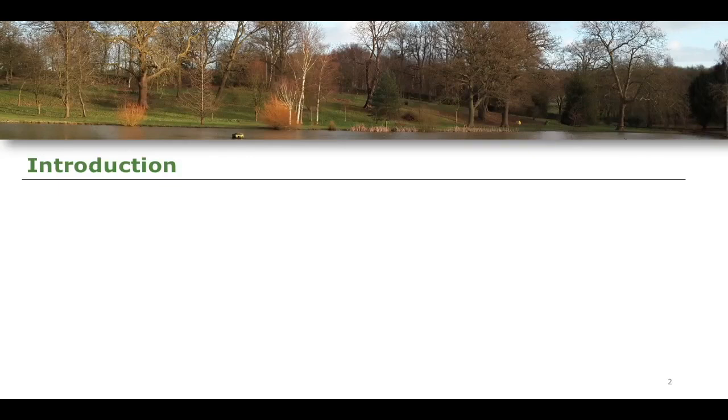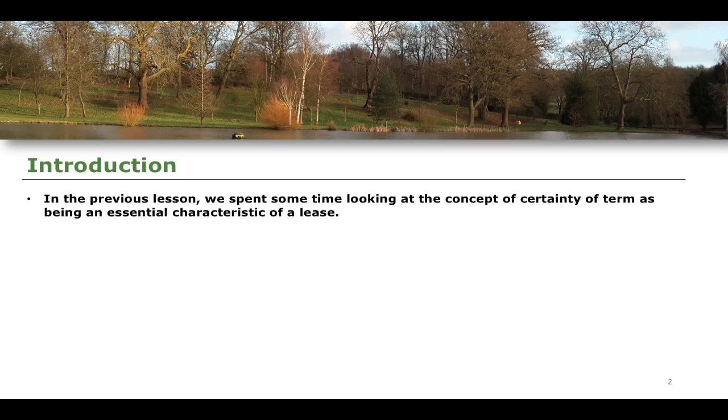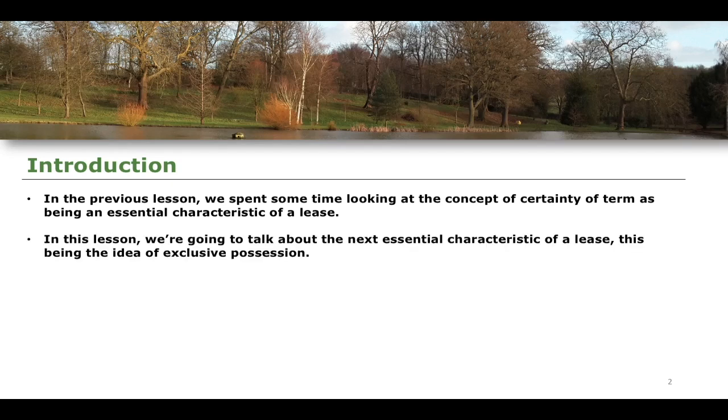Now, fundamentally, as a basic introduction to this topic, in the previous lesson, we spent some time talking about certainty of term as being one of those major characteristics, or at least an essential characteristic of a lease.